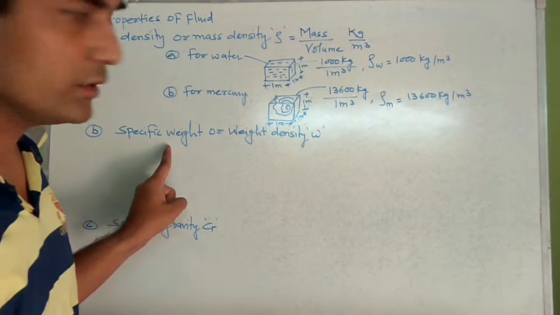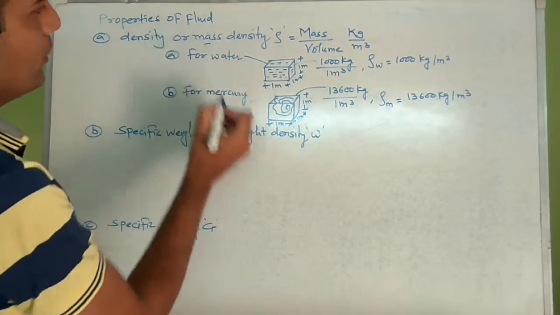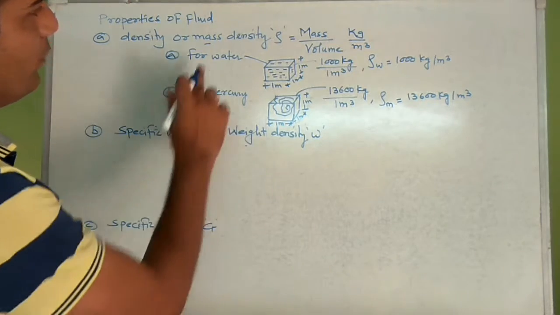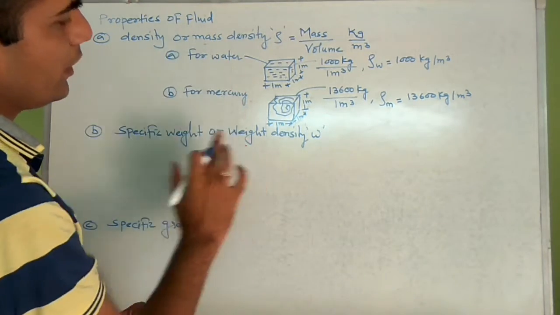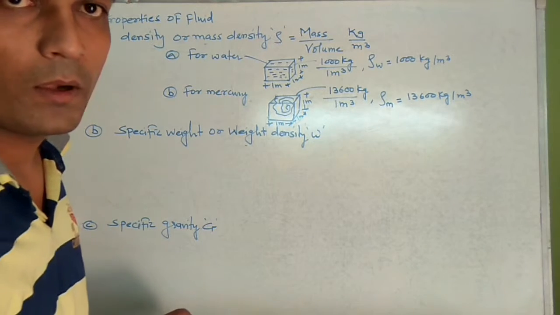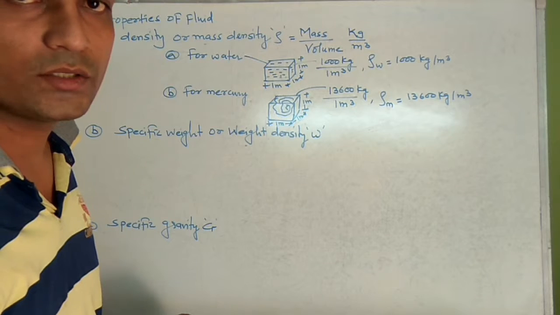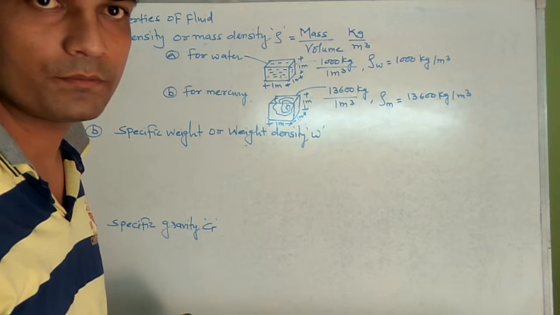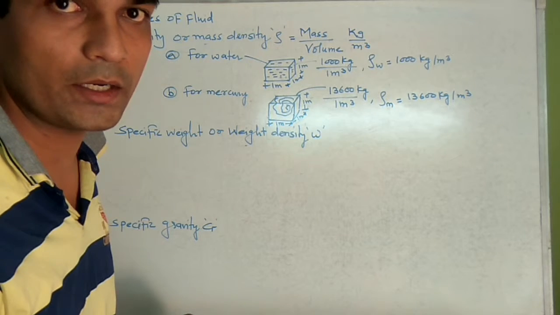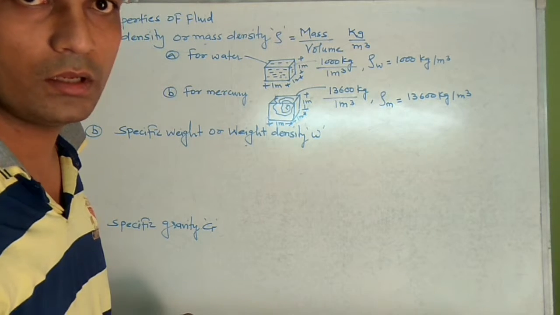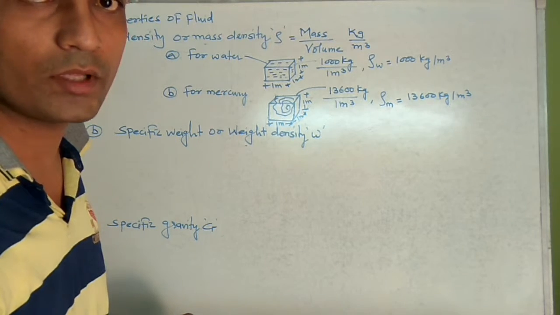Now the second is specific weight or weight density. See the difference between mass density and weight density. Here the mass is there and here weight is there. So difference between mass and weight: mass is constant everywhere, whether it is on earth or on the other planets, and weight varies with acceleration due to gravity.